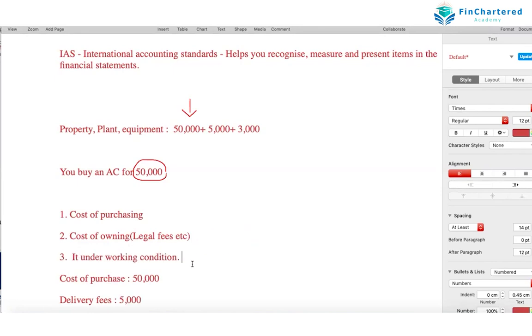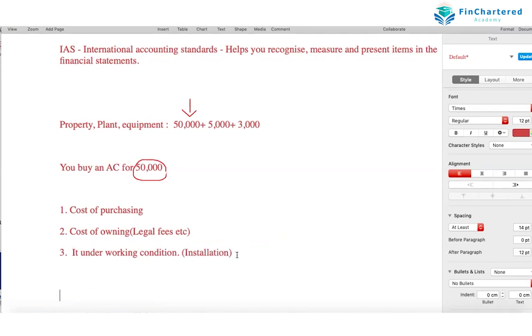For example, installation. And what else? Borrowing charges. For example, to buy the AC, you took a loan. And obviously, the loan will have interest. Borrowing charge. Without the loan, if you don't have money, can you own the AC?